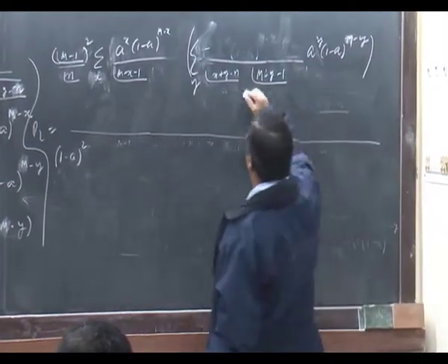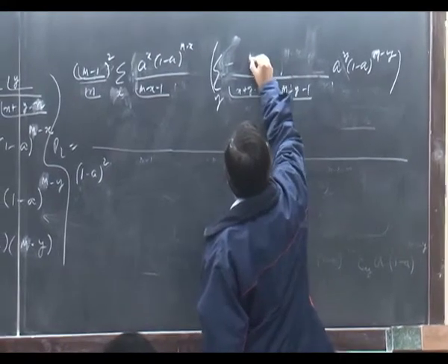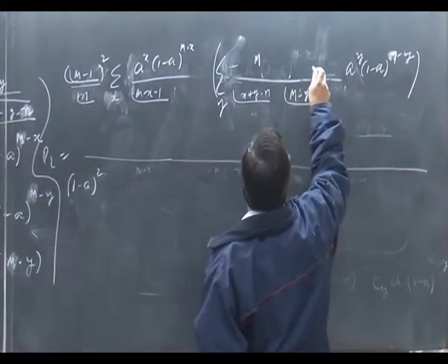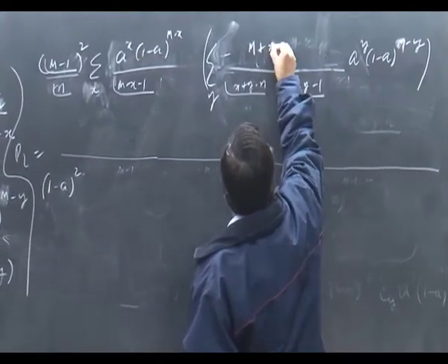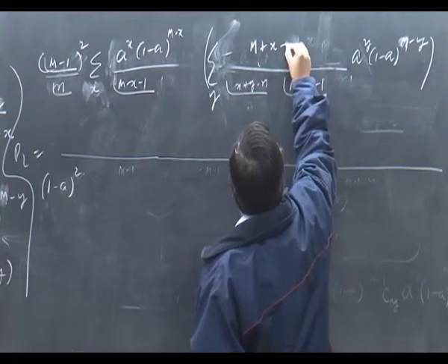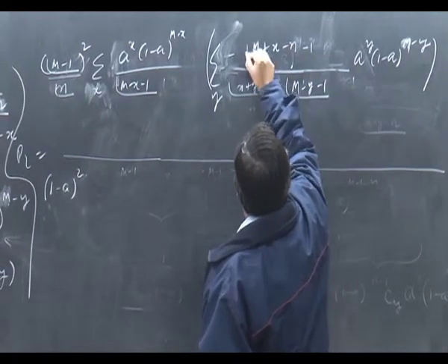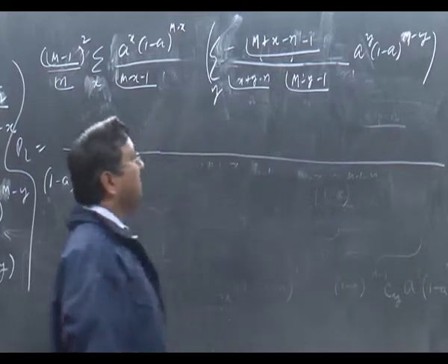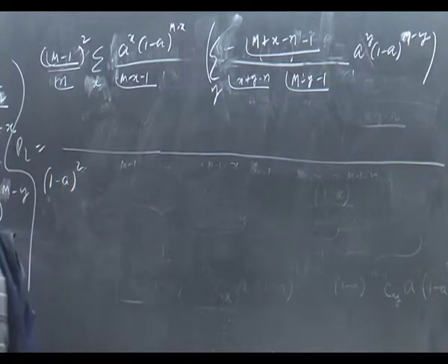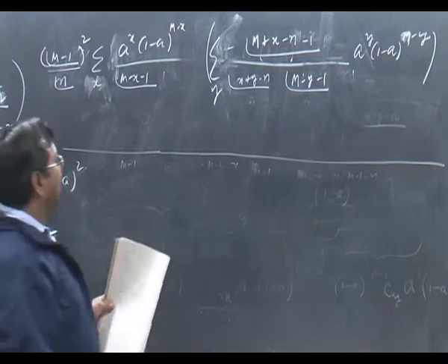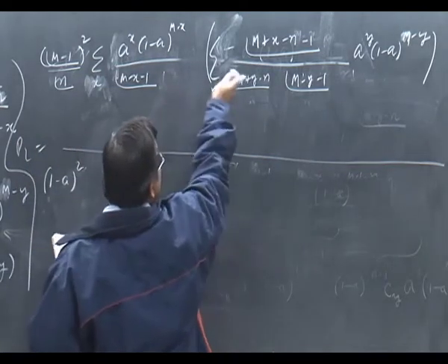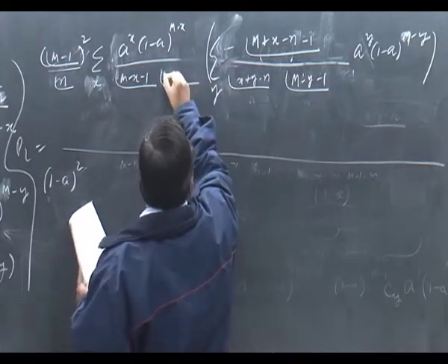That is the simplest way of doing it. So it will be m, just add these two, plus x minus n minus 1. You put the same thing in your numerator, and this I can take out because it is independent of y.